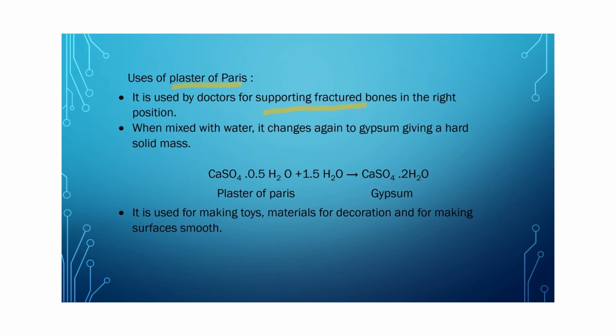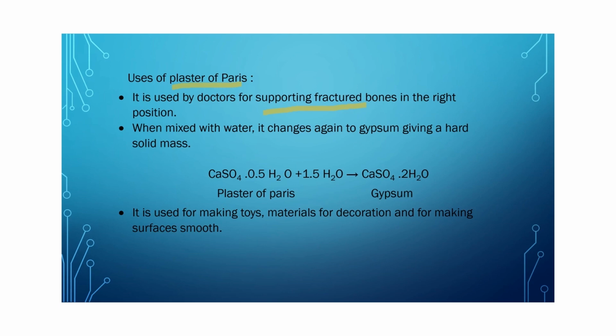Now what happens when this plaster of Paris is mixed with water and applied? It forms a very hard solid mass, and this hard solid mass doesn't allow the bone to move from its position, and that is how the fractured bone after some time joins back to its original condition.